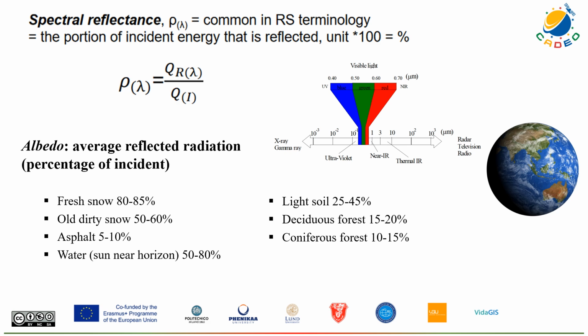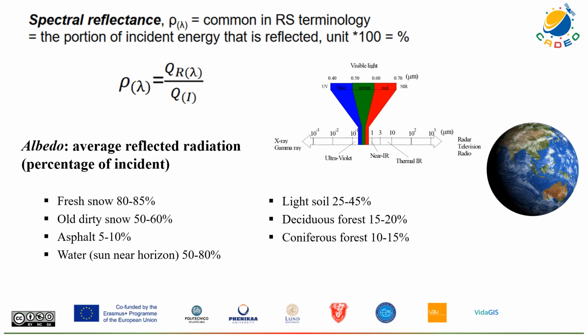And even if you haven't seen snow, maybe you know that snow looks very, very bright. So we have a very high albedo for snow. It reflects about 80–85% of the incoming radiation. Asphalt, on the other hand, which is our roads, will only reflect about 5–10% of the incoming radiation.